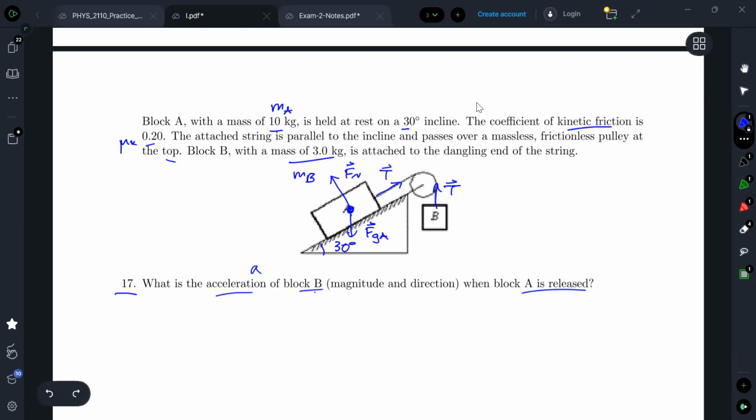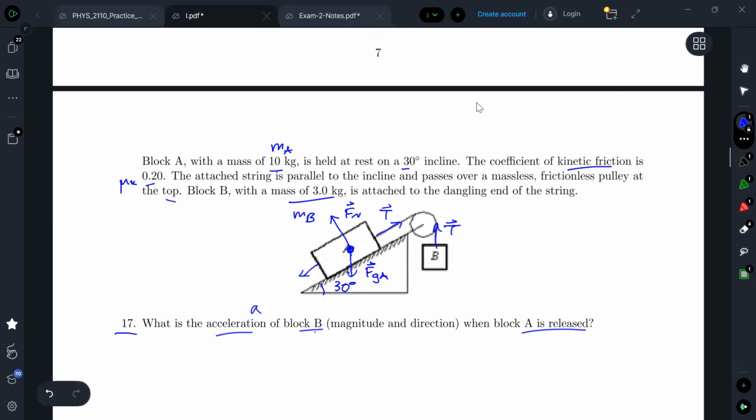I think block A is going to, no, you know what, I'll go the other way. I think block A, because of its weight, it's going to have a weight once we calculate it that is significantly larger than the weight of block B. Even though it's on an incline, unless that acts down the ramp than the full weight of the block, I'm going to guess that it's going to slide down.